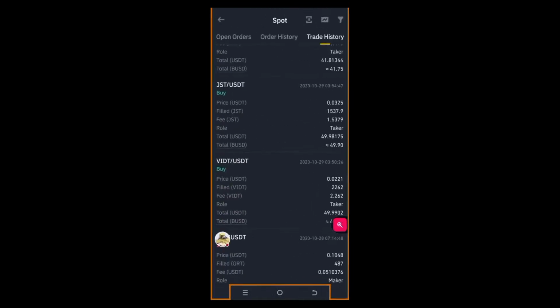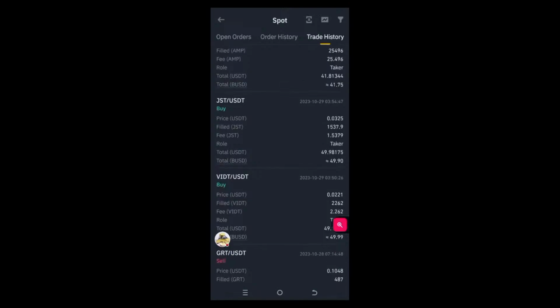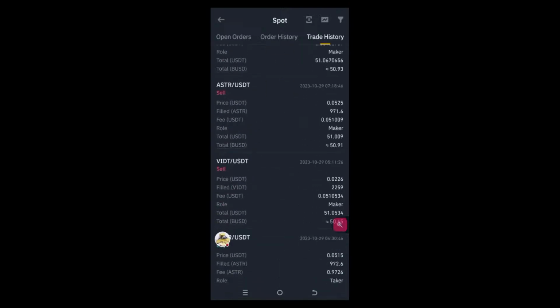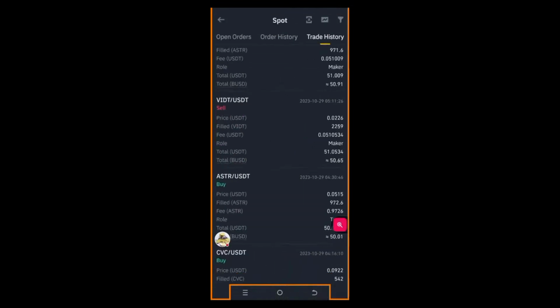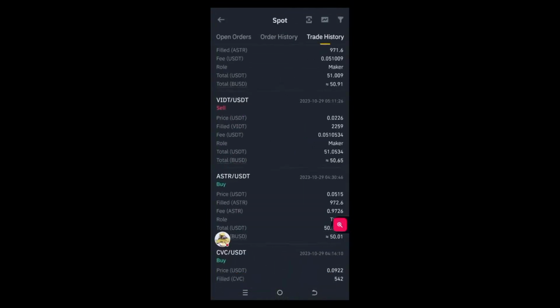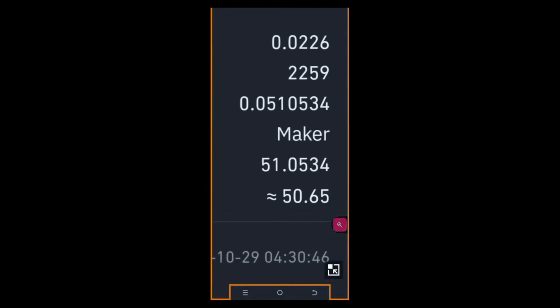That's the price we bought it at. And in terms of execution, we were able to execute it at 0.0226, and that gave us a profit of $1.05. Look at that. That's beautiful.